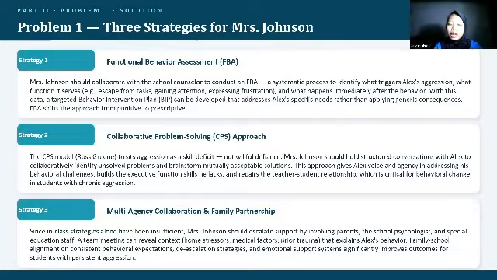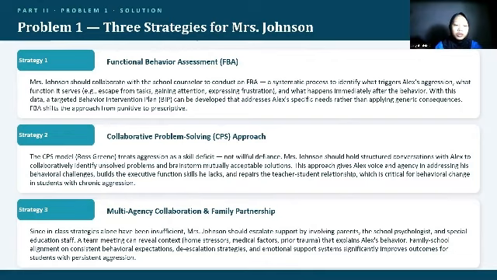This approach gives Alex voice and agency in addressing his behavioral challenges, builds the executive function skills he lacks, and repairs the teacher-student relationship, which is critical for behavior change in students with chronic aggression.